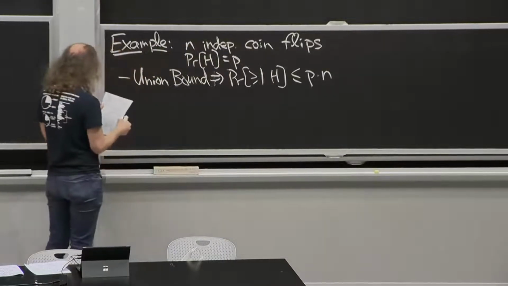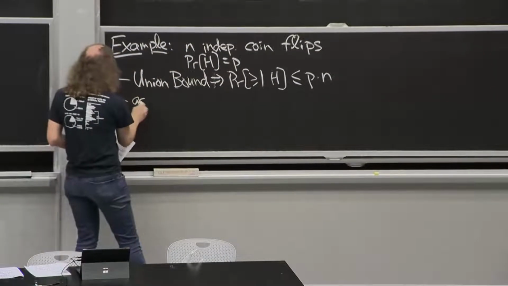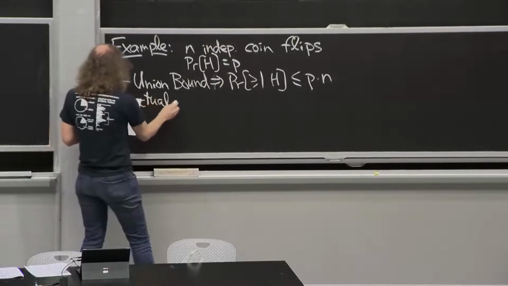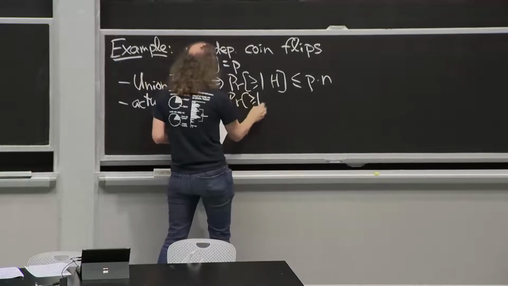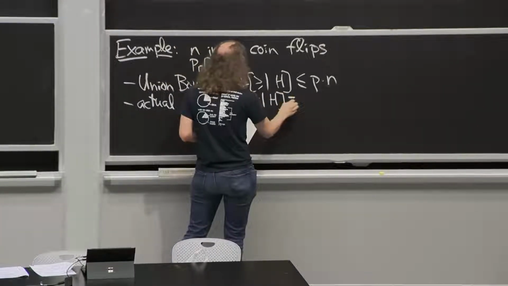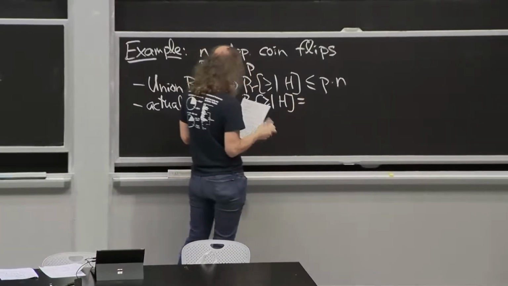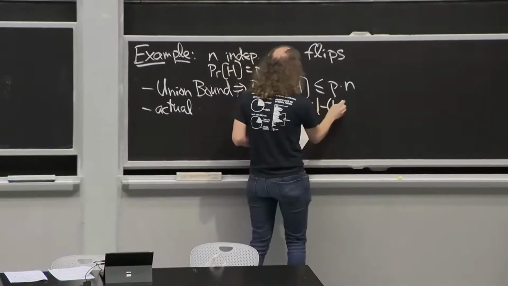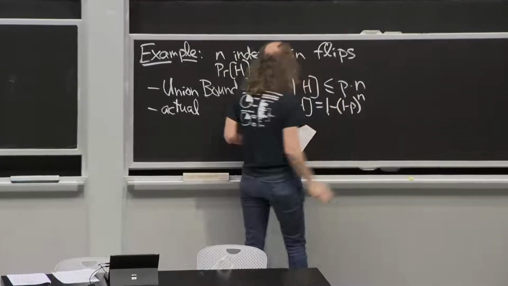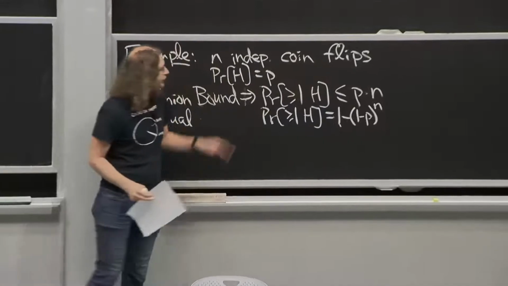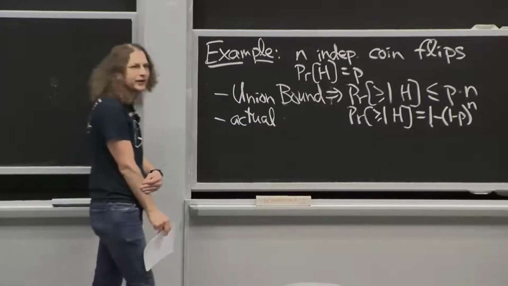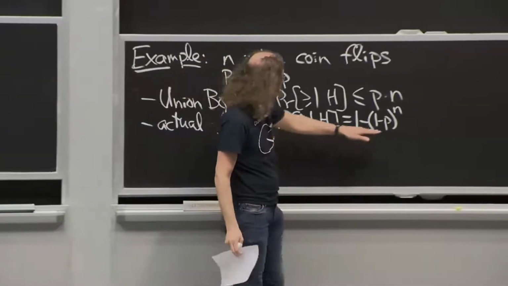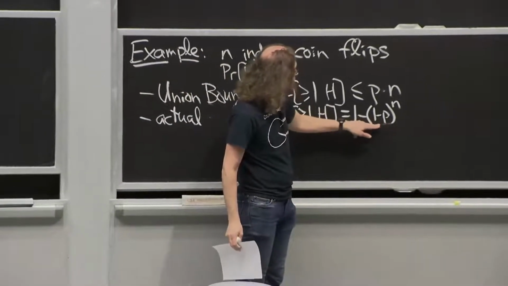Right? The true answer, the actual probability there's at least one head, this is 1 minus p to the n. It's easier to compute the probability that there are 0 heads. That's the same as saying that there are n tails. So this is the probability of a tails, 1 minus p.